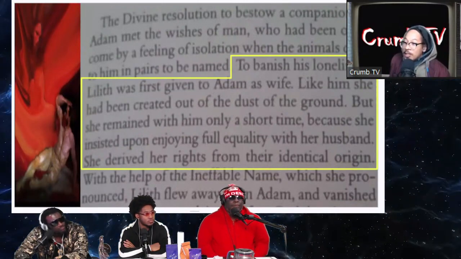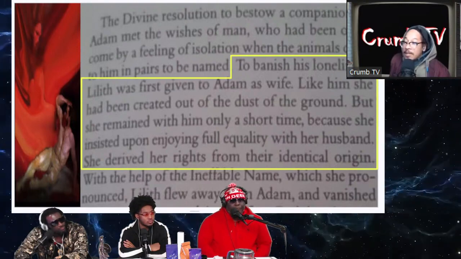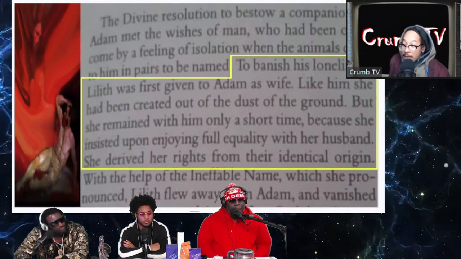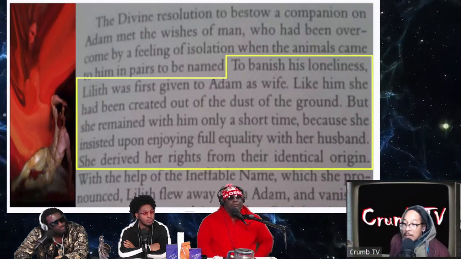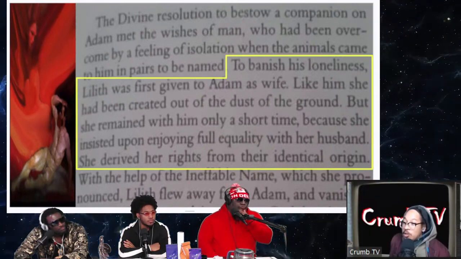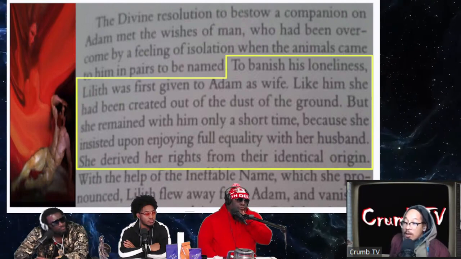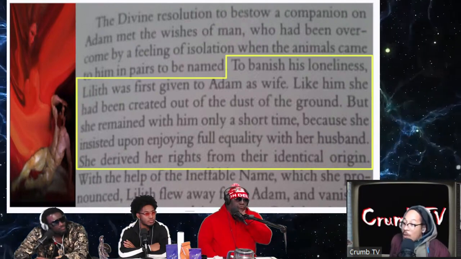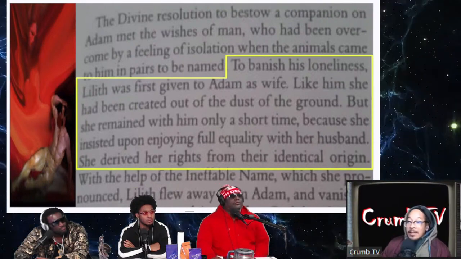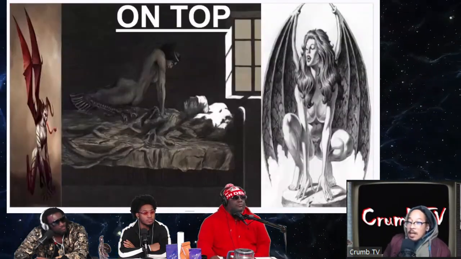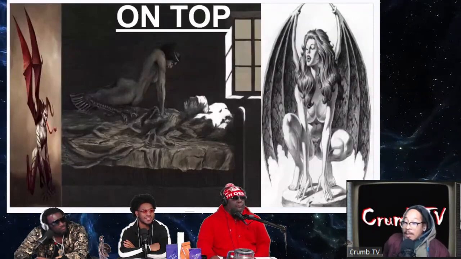Like him, she had been created out of the dust of the ground, not from his rib. This is important. But she remained with him only a short time because she insisted upon enjoying full equity with her husband. She derived her rights from their identical origin. Lilith wanted to be on top.